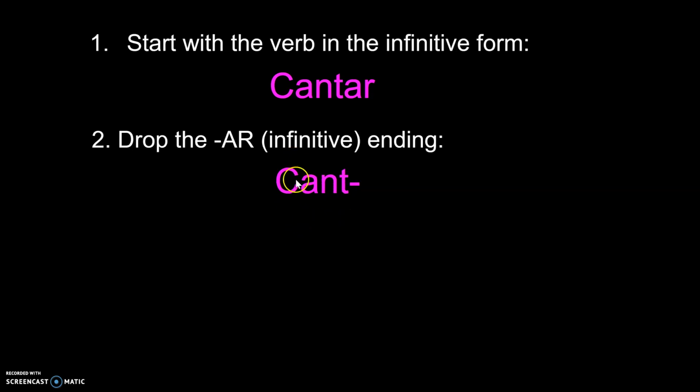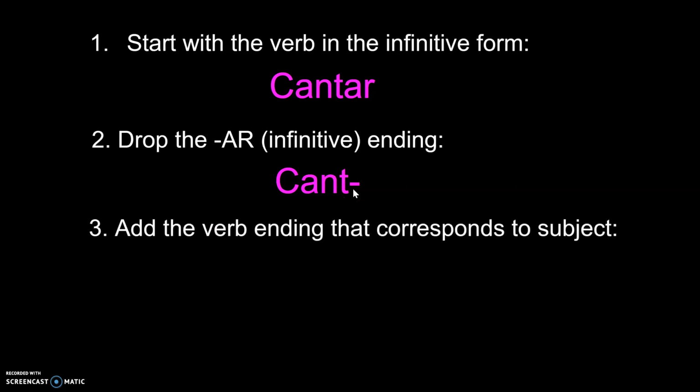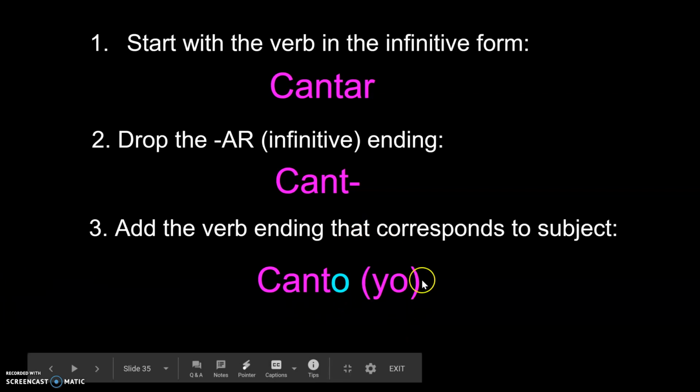Okay? So we have our base of the verb, and then we will add the verb ending that corresponds to that subject. So for the yo form, which you guys have used a little bit using hablo, the verb ending is o. So we're going to add o to the base, and that becomes canto. So we've now gone from to sing to now I sing, or I am singing.